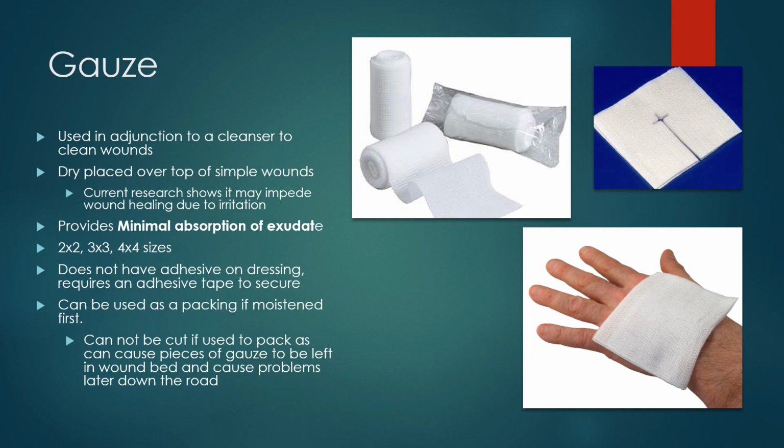Advancements have come a long way in the development of dressings, so gauze is no longer the most appropriate type of dressing to choose from. Gauze is now typically used more for cleansing wounds, but it can still be seen and used as a dressing type.